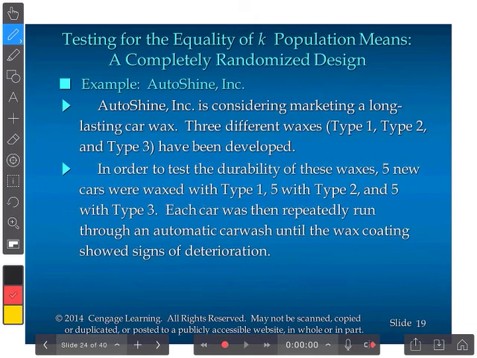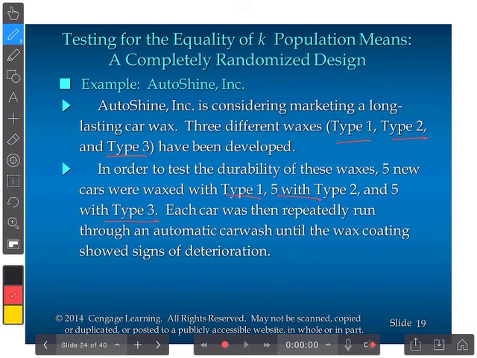Whatever the active ingredient is, it's different for the different types of car waxes. Car wax is used to shine your car. When you wash it, you want to polish your car and make it look really nice. So in order to test the durability of these waxes, 5 new cars were waxed with type 1, 5 with type 2, and 5 with type 3.